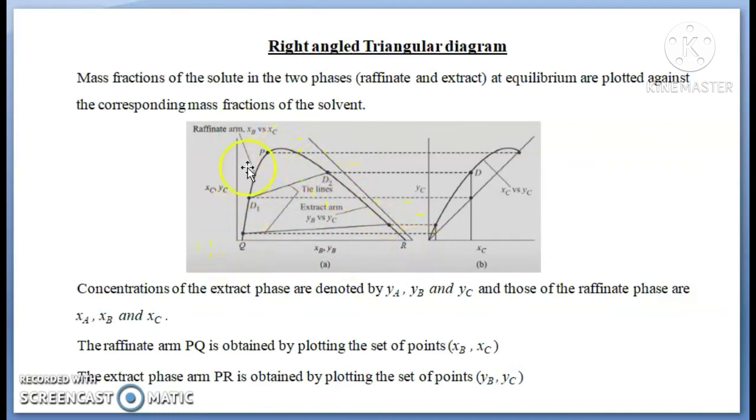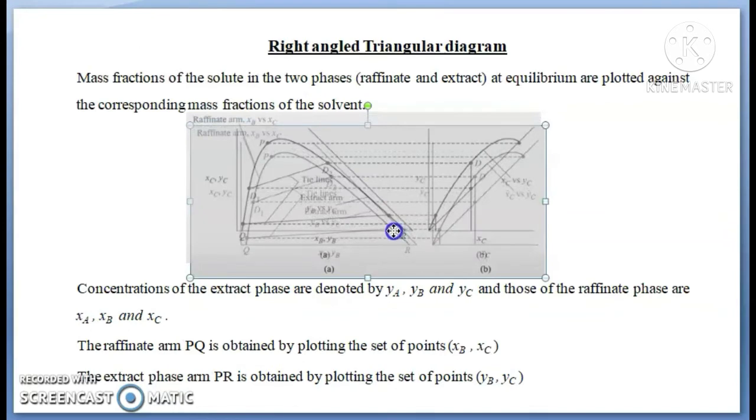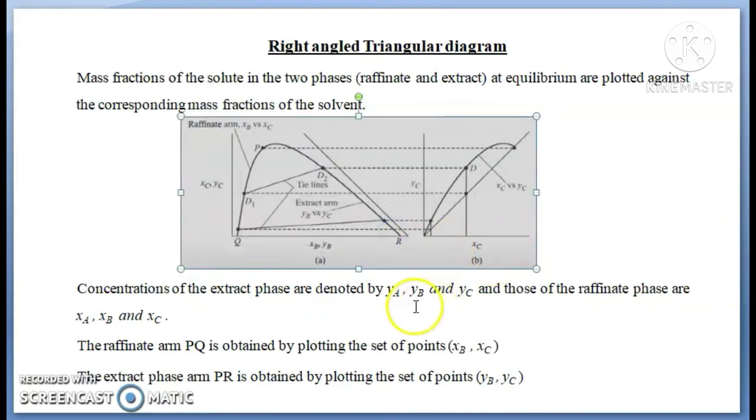The first arm PQ is for the raffinate phase, indicating the concentrations XB and XC, while the solubility curve for the extract phase is indicated by PR, traced so as to get the coordinates in the form of YC and XC. This is a diagonal, and this is the curve showing the equilibrium curve for this liquid extraction.